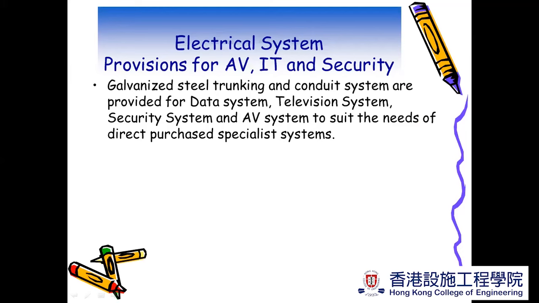Well, don't forget there are extra low voltage as we mentioned, right? We have AV, IT, and security system. And all this would have to be with extra low voltage and should be separated from the normal 220 volt or 380 or 450 volts, right? Because they're usually very low voltage, like 50 volt, 24 volt, or 12 volt.